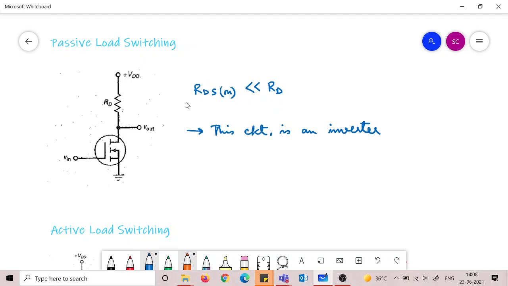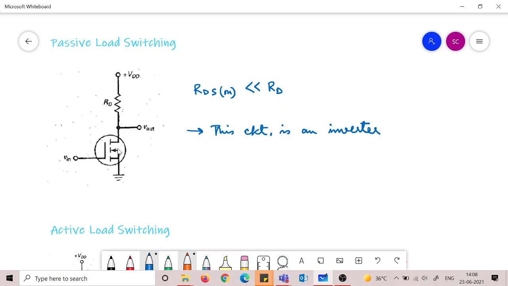And another thing to note is that when this is working in the on state, that means if we are in the saturation region or the ohmic region, then the current flows through this, and we have already neglected VDS. So the assumption here is VDS. How are you able to neglect VDS?